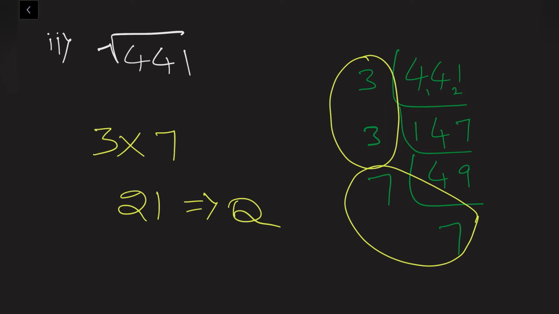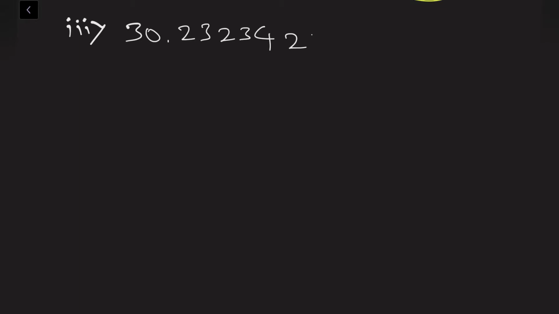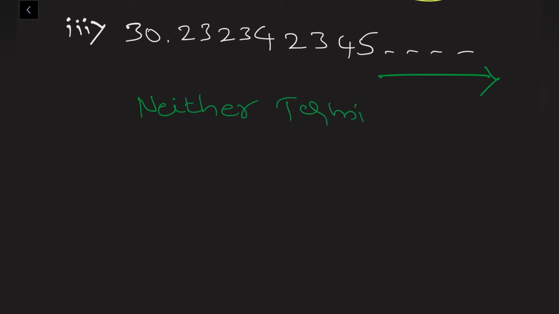Next, in this third question, we have 30.23234 and so on. Now if we observe this question clearly, this is extending, not stopping, so it is non-terminating. Next, let us check whether any particular pattern is followed.